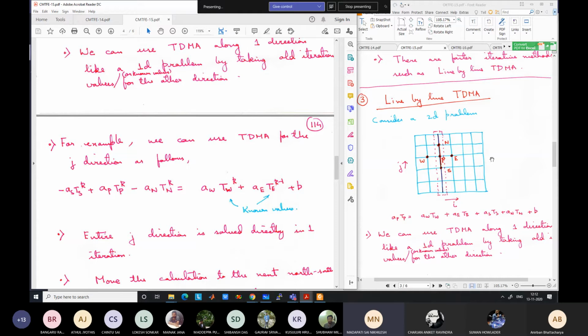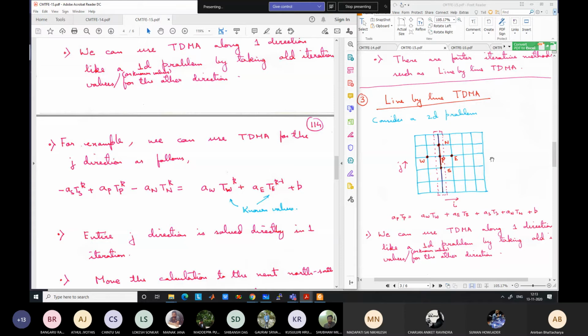Yes. Tell me. Sir, regarding initialization, is there a possibility that if we take a certain value, then the solution will not converge at all? It may happen. Difficult for me to say. Ideally it should not happen, sir. The convergence rate depends on the method. If it is line by line TDMA, convergence may slow down.